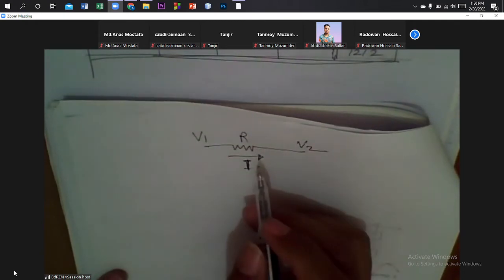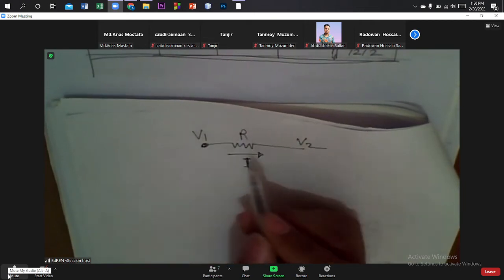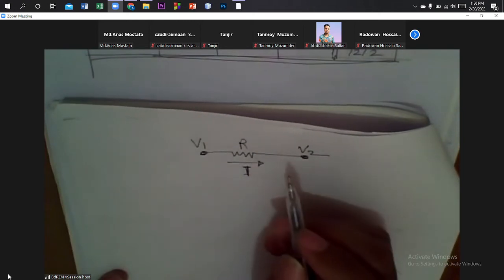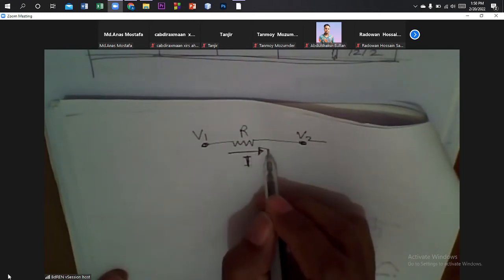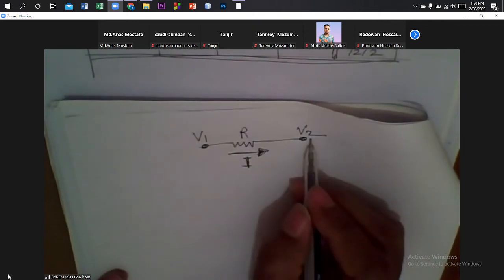Have you drawn this? This voltage is V1, this voltage is V2, and current is flowing from V1 to V2. Clear?